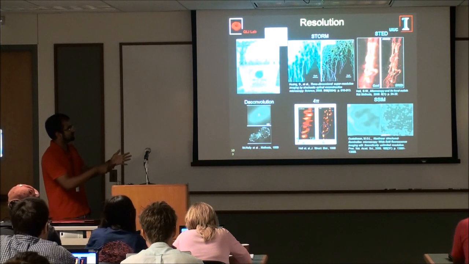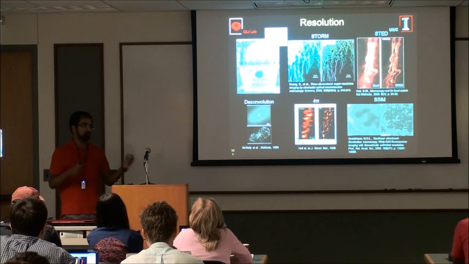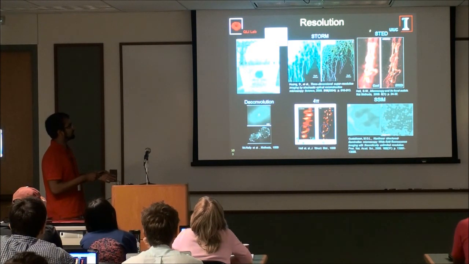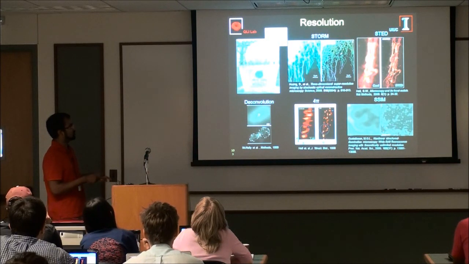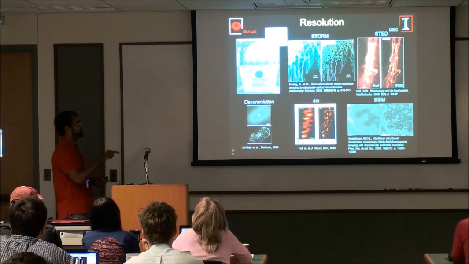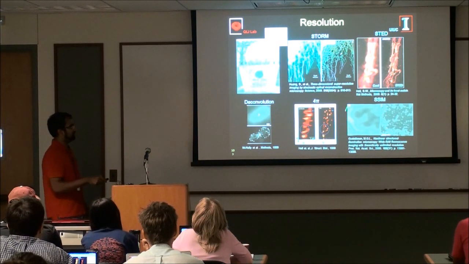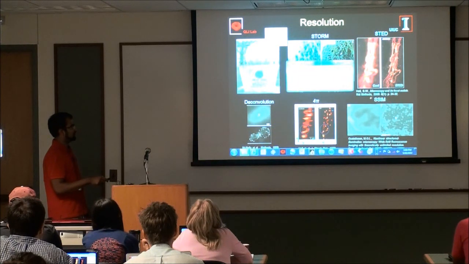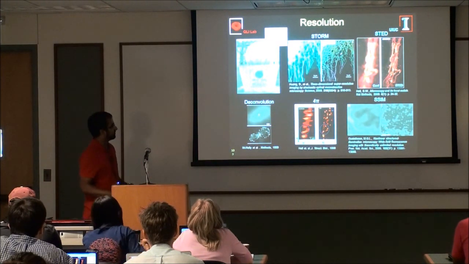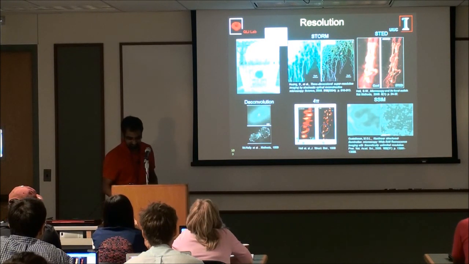The main idea in all these techniques, STORM, STED, is basically to turn fluorophores on and off, either in a defined way, like in STED, or in a stochastic way, like in STORM. If you have signal from only one location, you can say very accurately where that is, and then you can reconstruct a high-resolution image. And you have other techniques like structured illumination, 4-pi, and deconvolution.